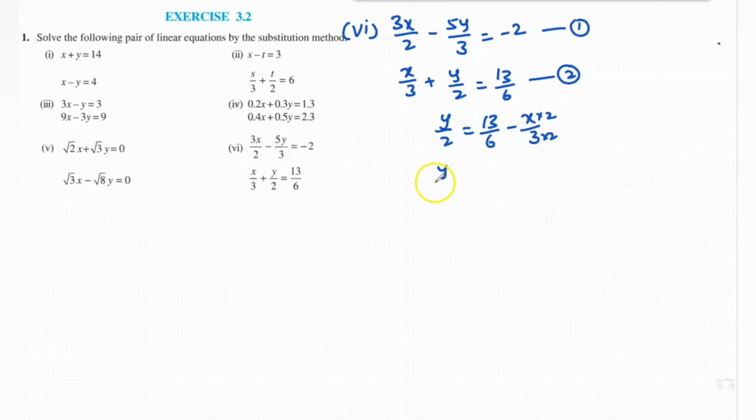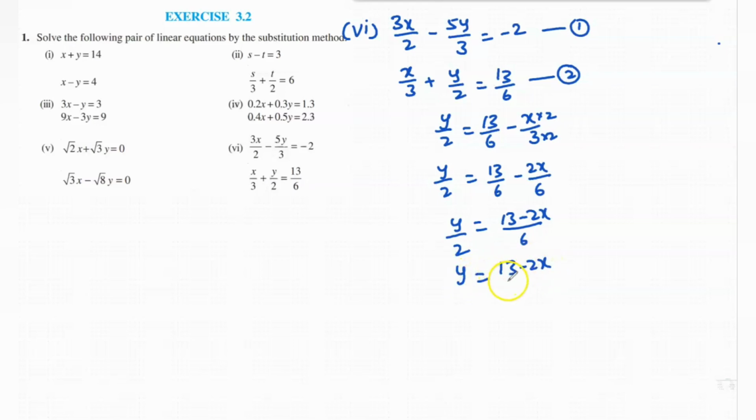So y by 2 is equal to 13 by 6 minus 2x by 6, which I can write as 13 minus 2x by 6. So sending 2 to the other side, y becomes 13 minus 2x by 6 into 2, where you can write 2 ones are 2, 2 threes are 6. So the y value is 13 minus 2x by 3, which you can take as equation number 3.